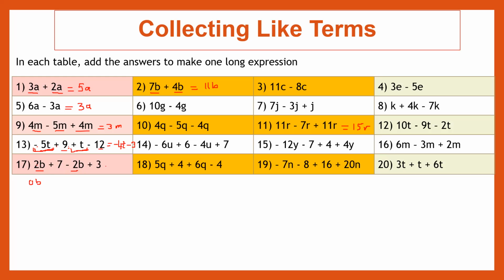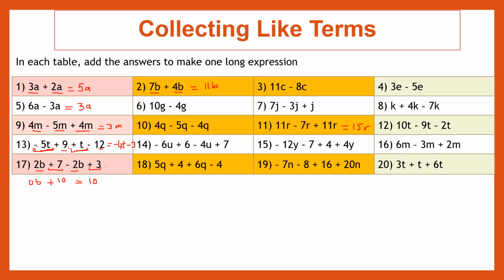There is no b. 2b, then negative 2b is 0b, which is actually 0, so we don't need to write it. And 7 plus 3, again, each term takes the sign before it. So positive 7 and positive 3 makes a positive 10. 0b is equal to 0, no need to write it, so my answer is 10.